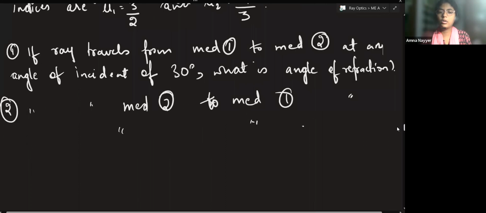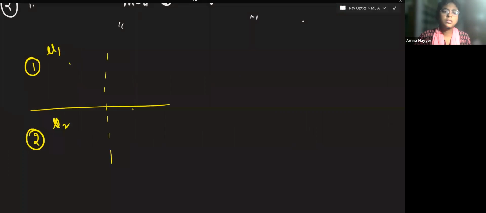If I draw this, this is medium 1, this is medium 2, refractive index is mu1, refractive index is mu2. Incident ray has arrived, angle of incidence is there. Ray has bent, this is the angle of refraction. All right, so refractive index here is mu1, sine i, mu2 is the refractive index of medium 2, sine r is there.